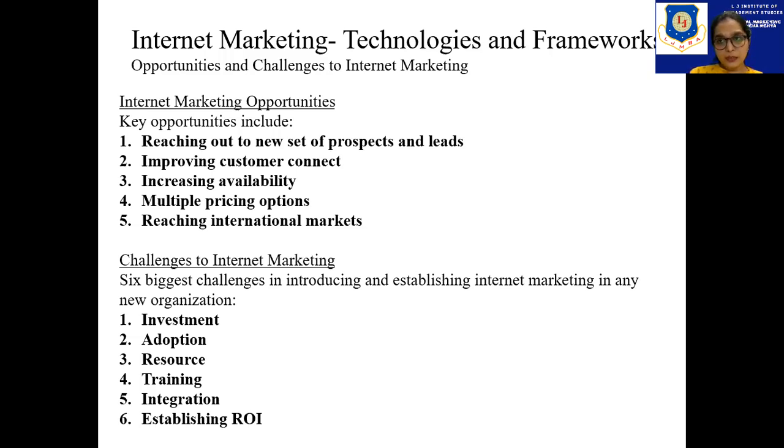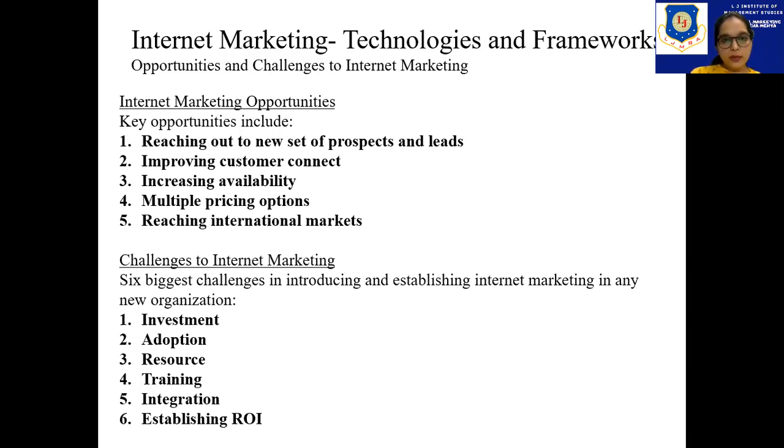Integration of the businesses. When you talk about internet marketing, obviously you are not going to forgo the traditional marketing system, which one should never do, right? So integrating traditional and internet is a little challenging, a little difficult. How you are going to set up the supply chain and all, right? There would be omnipresent channels or omnichannels or multiple channels that you will have to use.